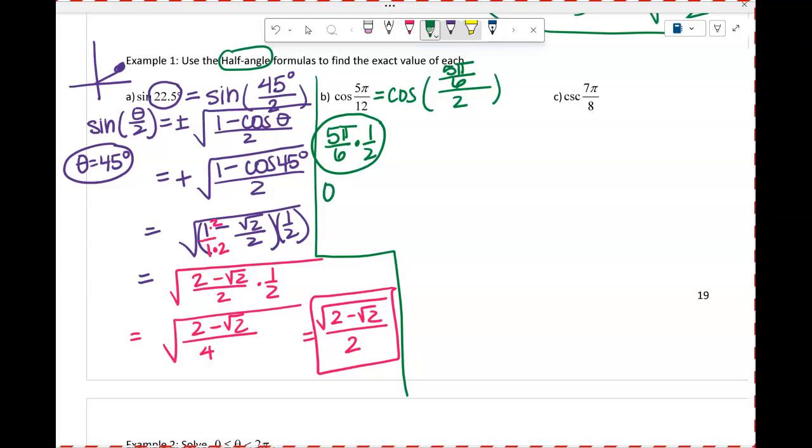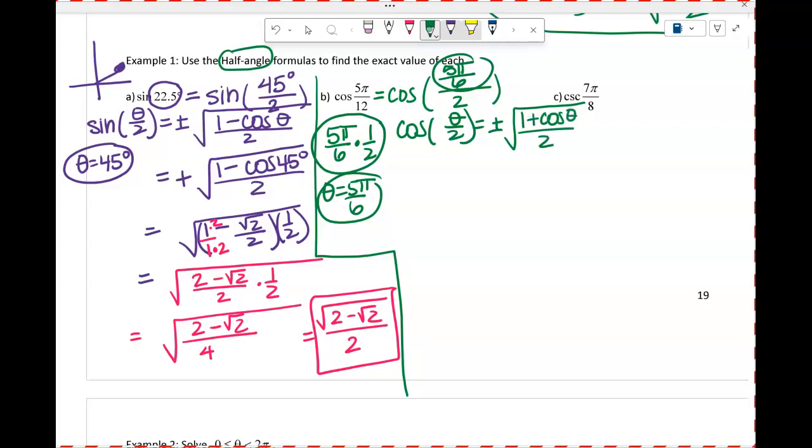So that means theta is 5 pi over 6, because theta's on the top, right, guys? So this is the same thing as saying theta divided by 2, which is, again, plus or minus the big radical 1 plus cosine of theta all over 2. Okay, we'll save that space over there. Same process. For 5 pi over 12, we have to decide what quadrant that is.